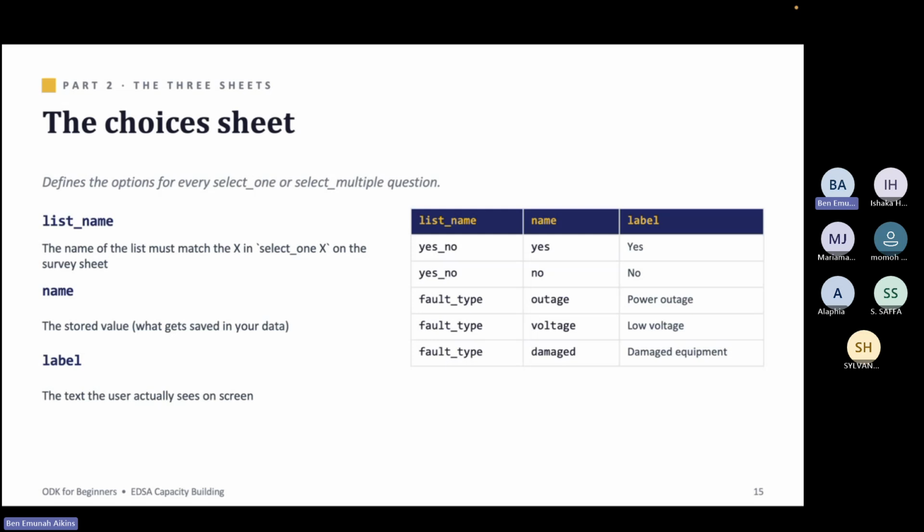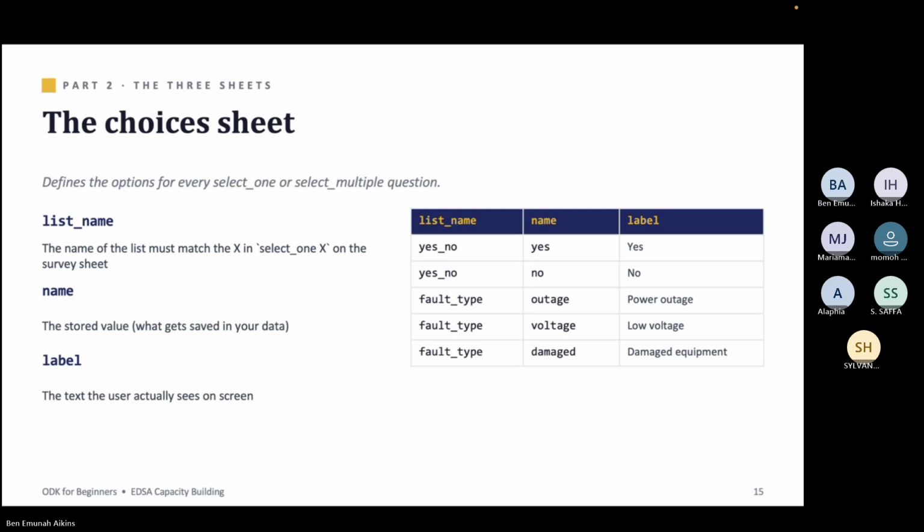So the first thing in the choice sheet, you have 3 mandatory columns. The first column will be list name, the second column will be name, the third column will be label. Like I said, you can also have multiple columns attached to this, but these are the 3 standard ones that are needed for every form to function.